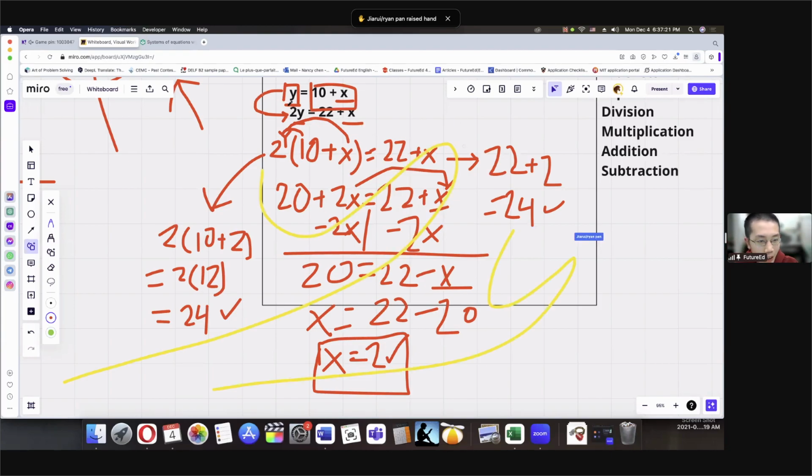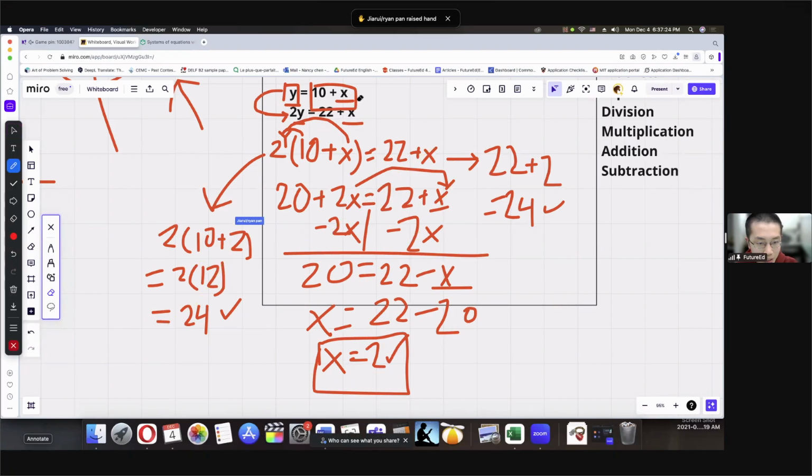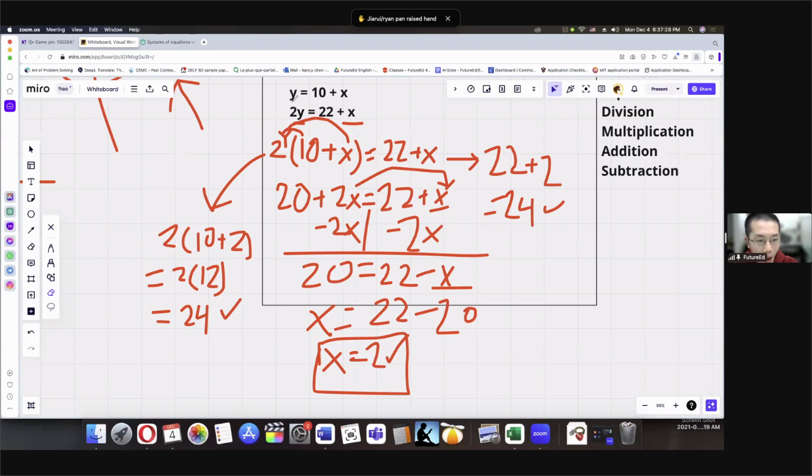So how do we find y, Garrus? We know that x is 2, and how do we find y? So y is technically 10 plus x, and we already figured out what x was, so now it is 12.